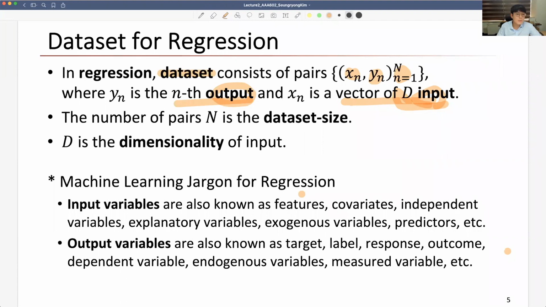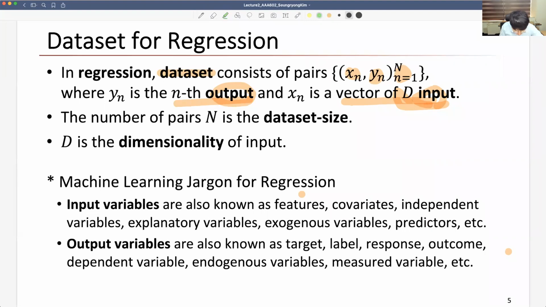So in a regression problem, the output must be a continuous value, right? And the number of pairs N is the data set size, and the large D is the dimensionality of the input.